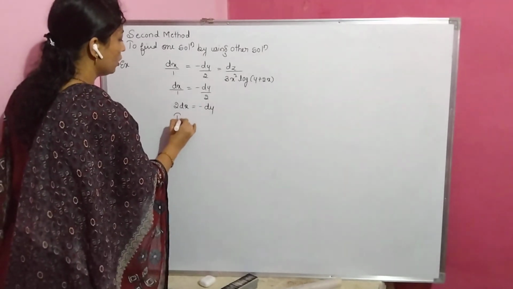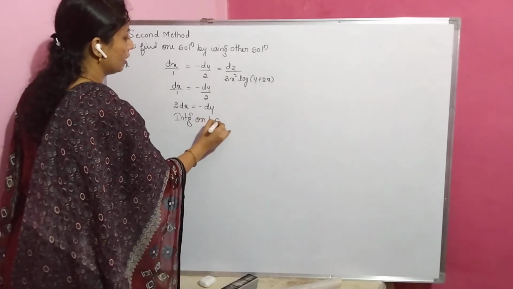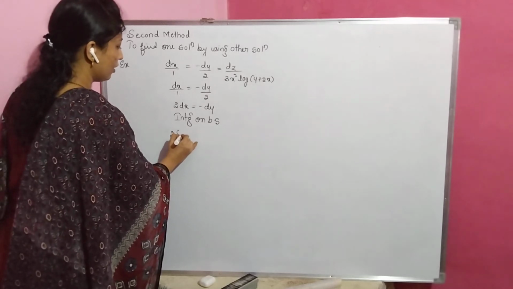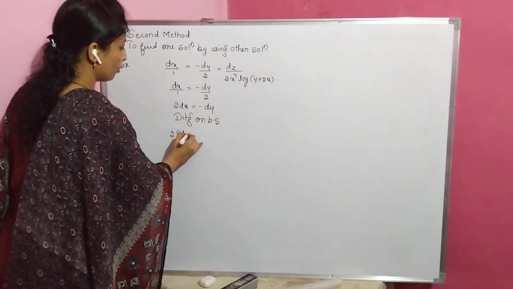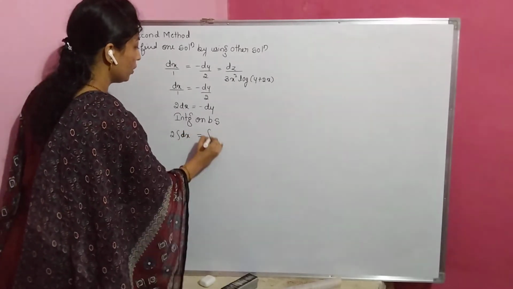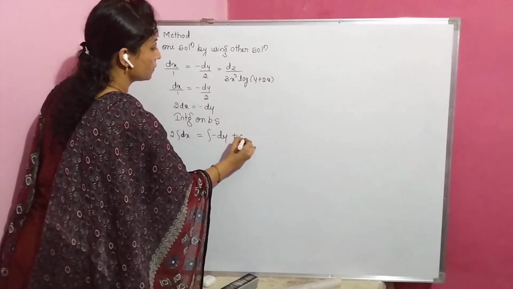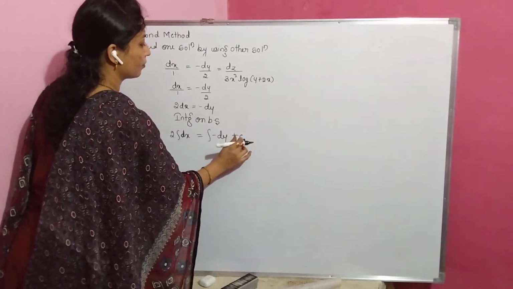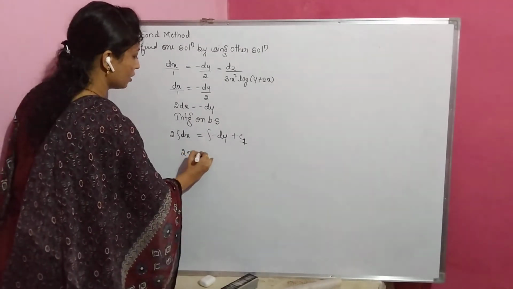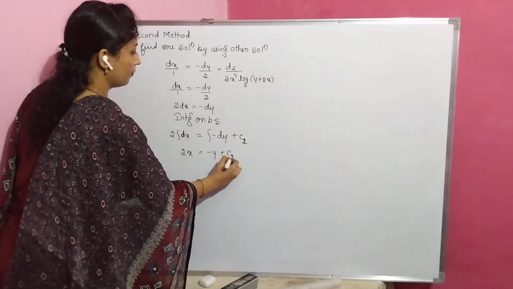Again integrating on both the sides, it is 2 into integration of 1 with respect to x is equal to integration of minus dy plus integral constant c1. Then 2x is equal to minus y plus c1.